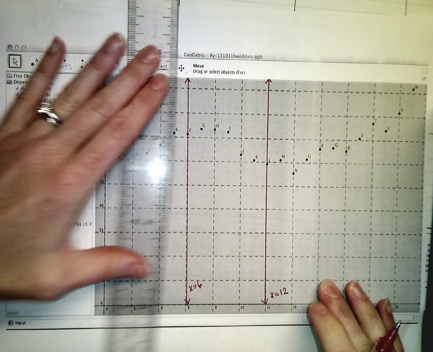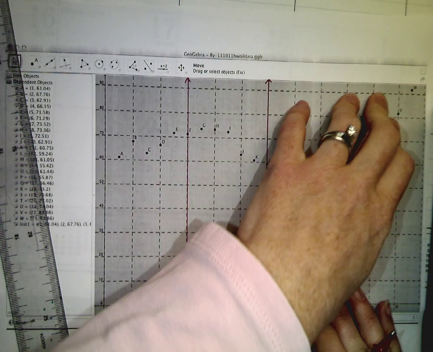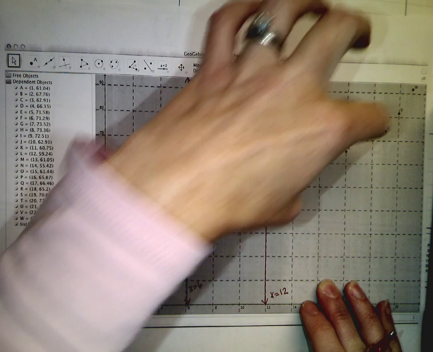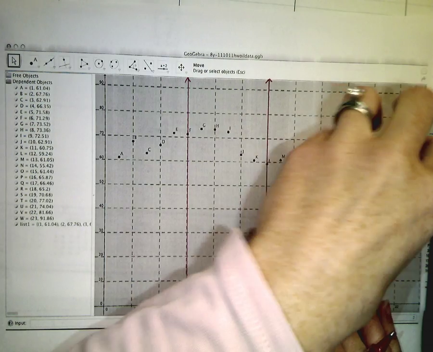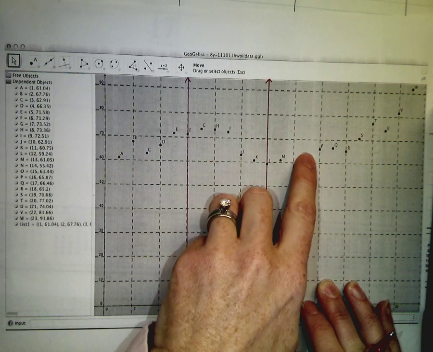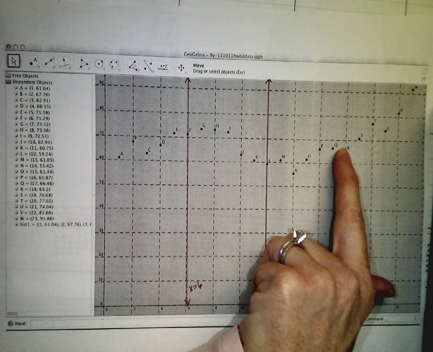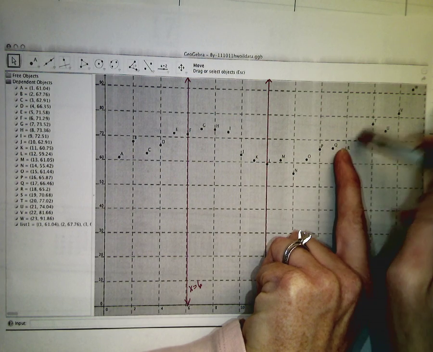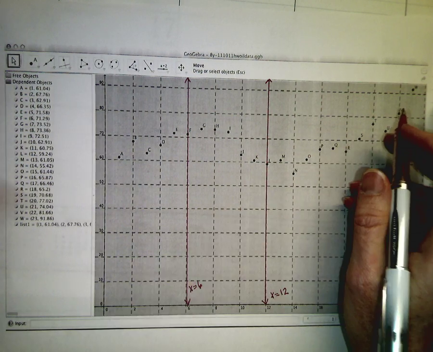I'm going to repeat that same process now in my upper half of data. Again, there are 11 pieces of data here, so I'm going to go to the sixth one to be the median. 1, 2, 3, 4, 5, 6. So I think it's R. I have 5 in this quartile and 5 in that quartile.